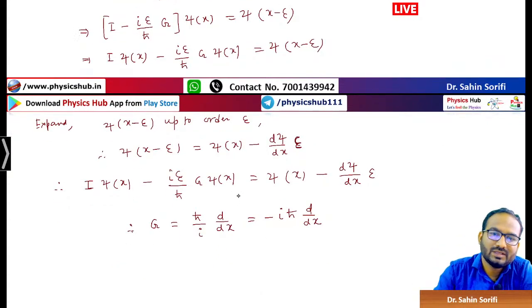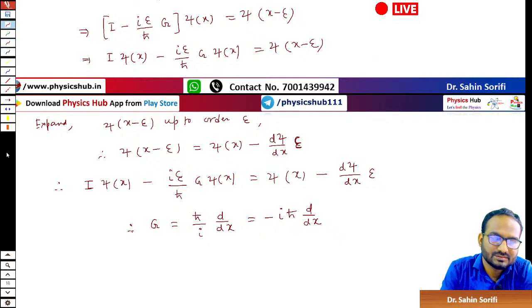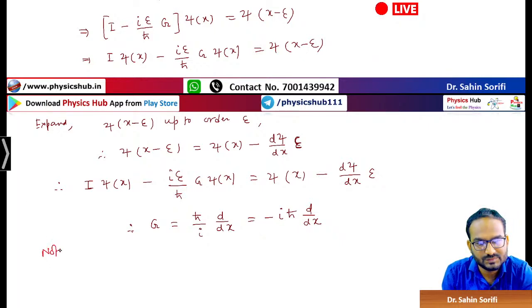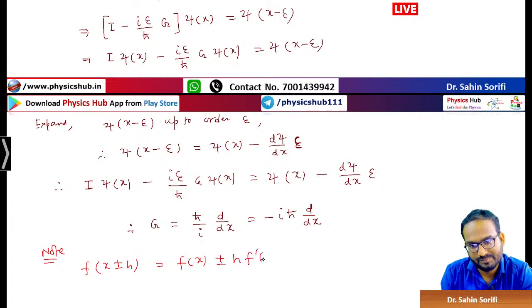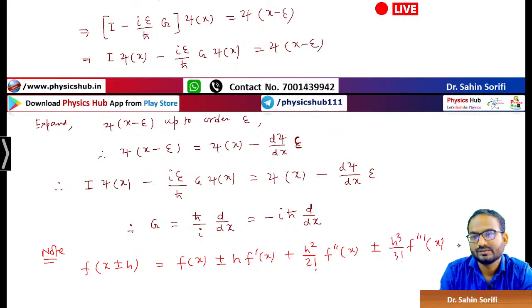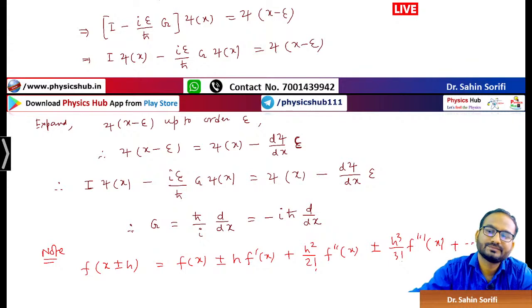Now if you don't understand this expansion, you can just note this one, that if you have some function f of x plus minus h, if you expand this, this will give you f of x plus minus h into f prime of x plus h square by 2 factorial f double prime x plus minus h cube by 3 factorial f triple prime x, plus so on.